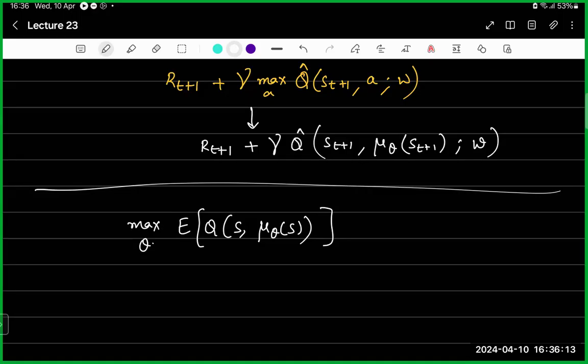So we want to find a theta which will maximize the Q value. We can do stochastic gradient descent for this kind of problem. So this is how we learn.